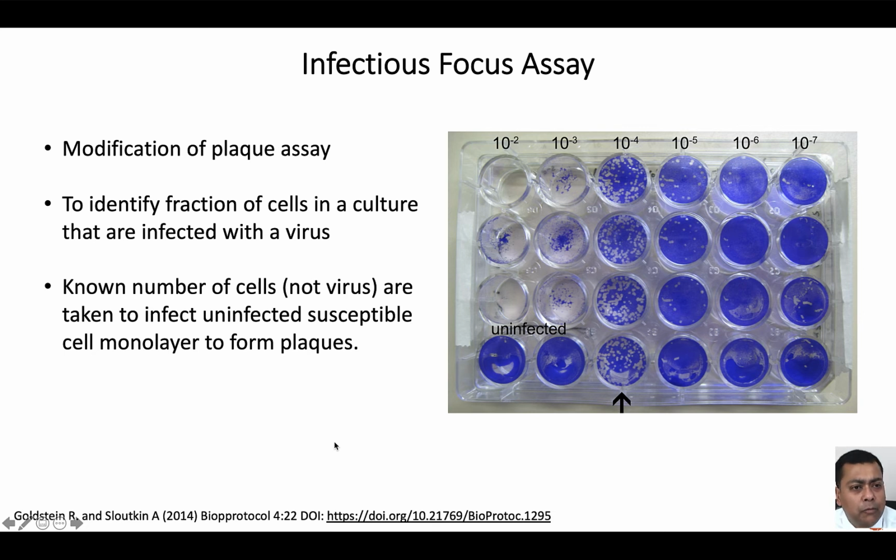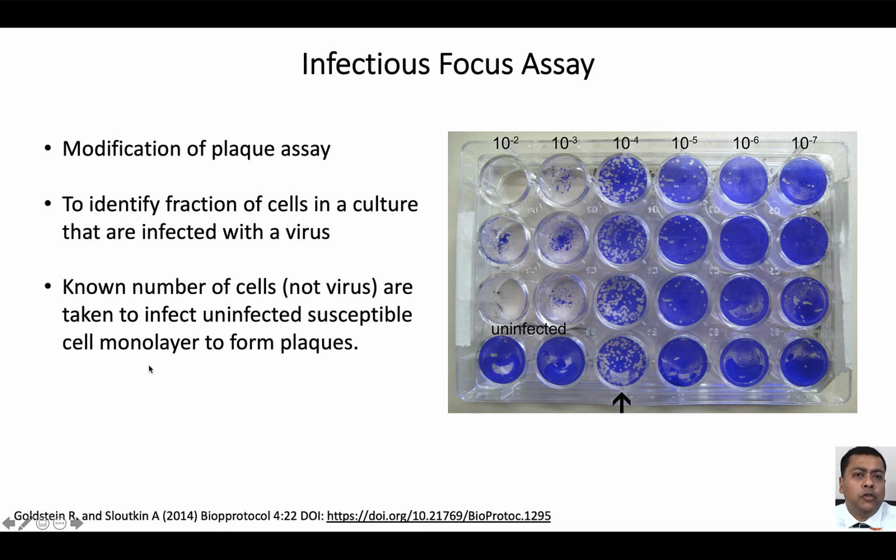After we infect with the virus, we allow them to infect for a certain period of time and then centrifuge down the cells and take out the supernatant or remove the media. So all the viruses which are in the supernatant, not inside the cell, are out. Now, we don't wait too long for the cells to lyse. We just allow the virus to get adsorbed.